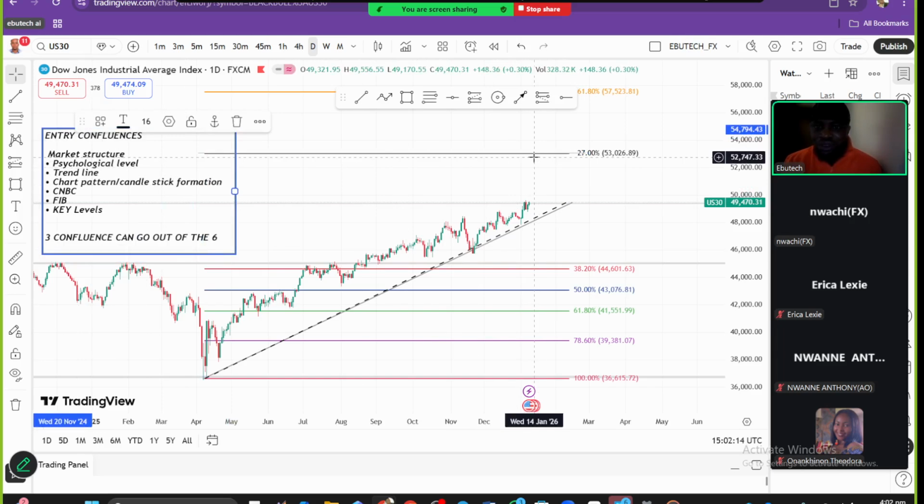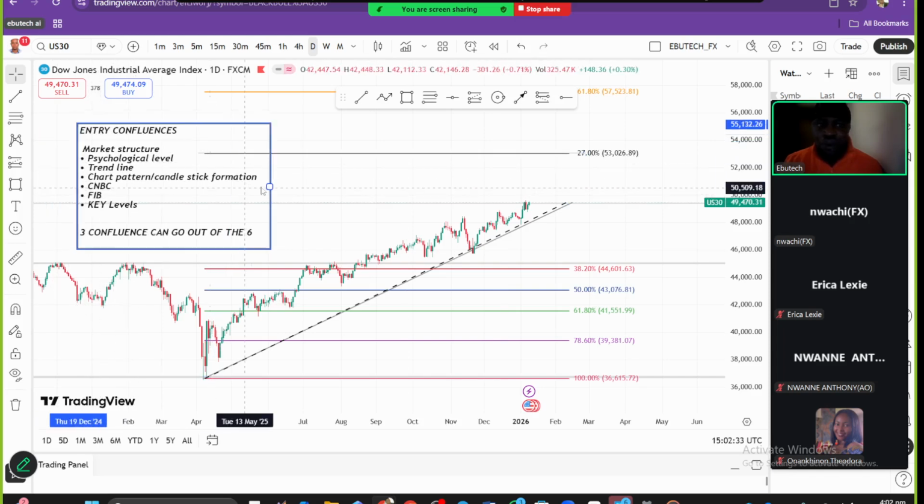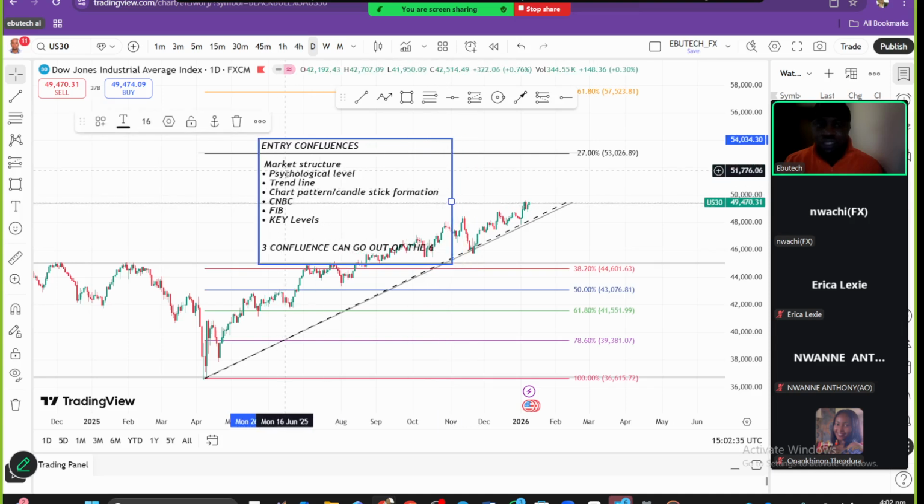That means we have our Fibonacci 27% there. We still have our psychological level there. Now we have gotten entry confluences. We have our psychological level, trend line, Fibonacci, key levels.